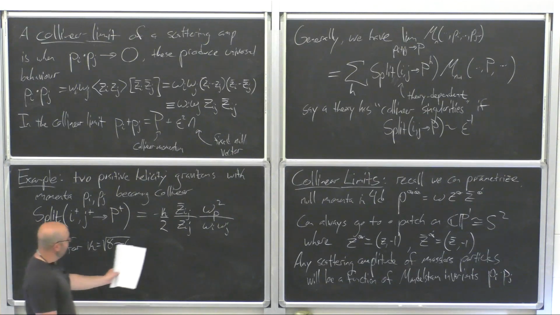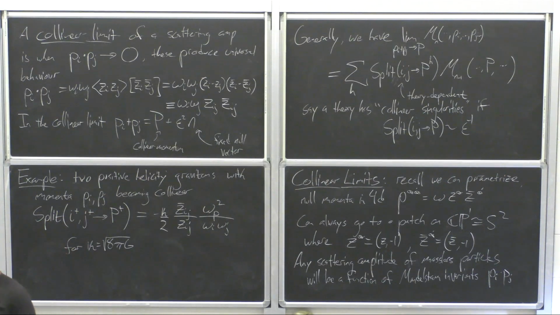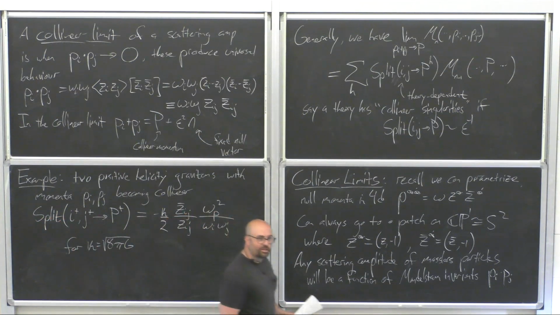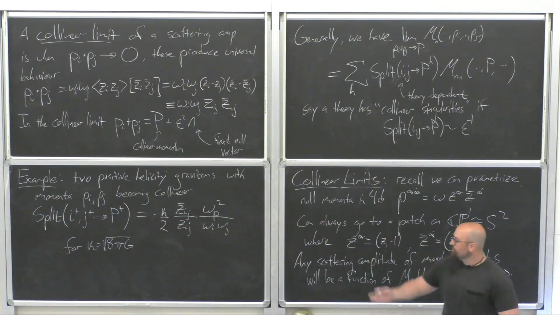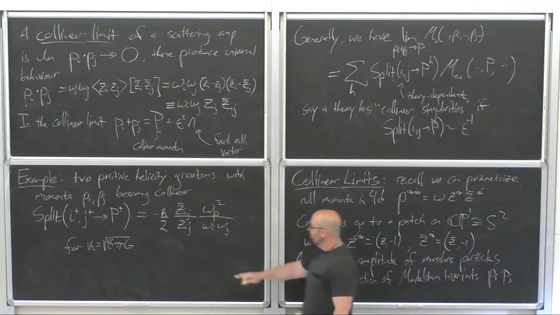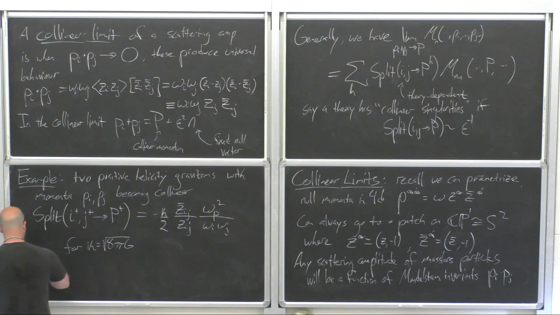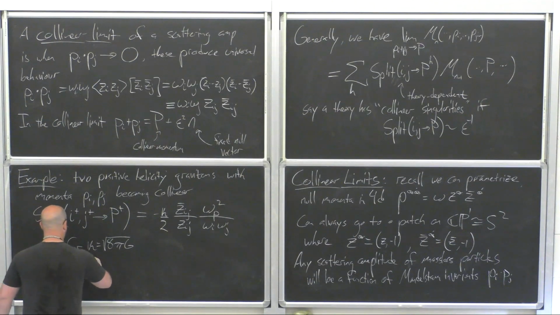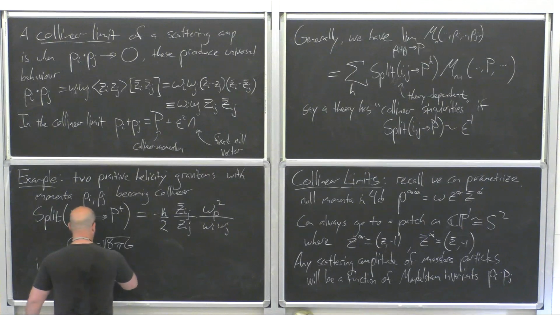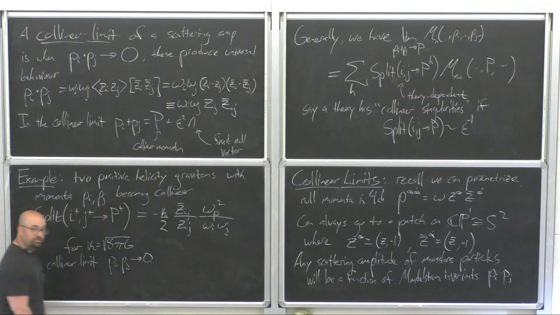Okay, cool, this is some nice result. But there's a statement one often hears if you hang around in this kind of amplitudes crowd long enough. You hear things like, gravity doesn't have any collinear singularities. But we just wrote this splitting function. It's easy to see why this isn't singular. In the collinear limit, we have p_i dot p_j going to 0.